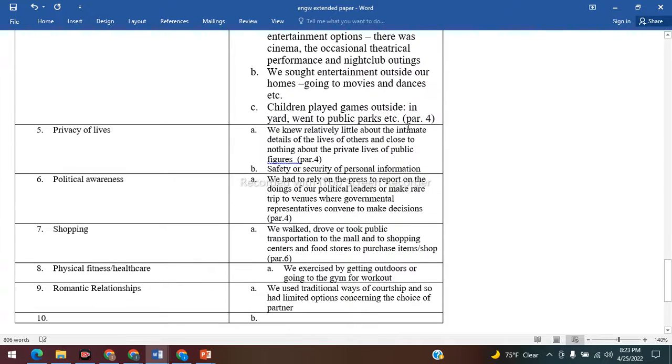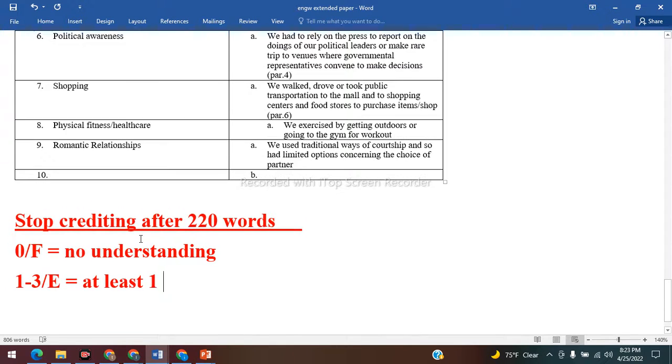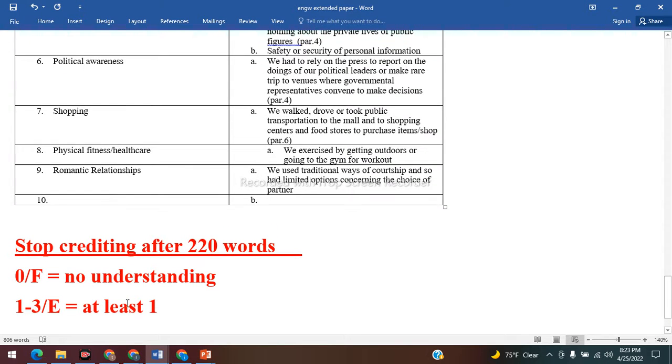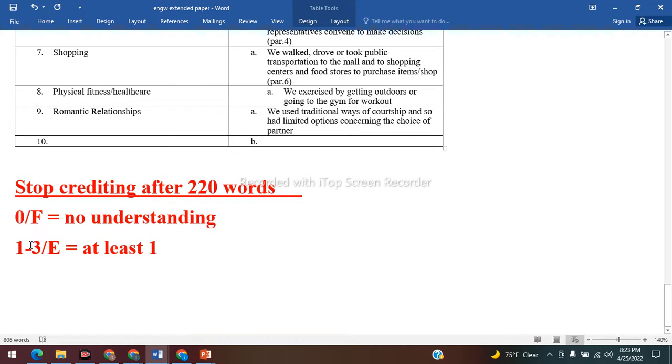Or if you give at least one and it's fully developed and specific, or if you give 3 of these but the way you do it is sketchy, like you just take it directly from the paragraph and list it, then they'll give you 1 to 3.